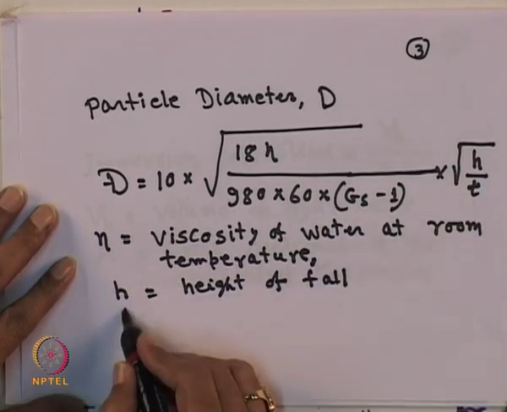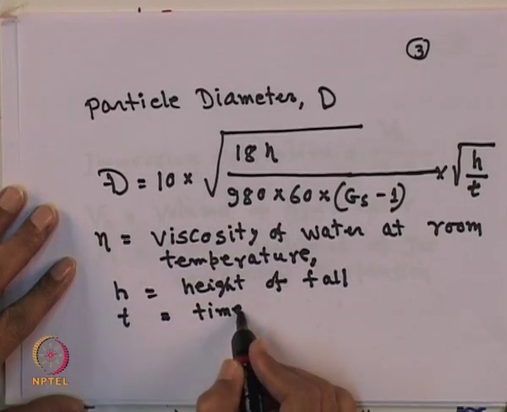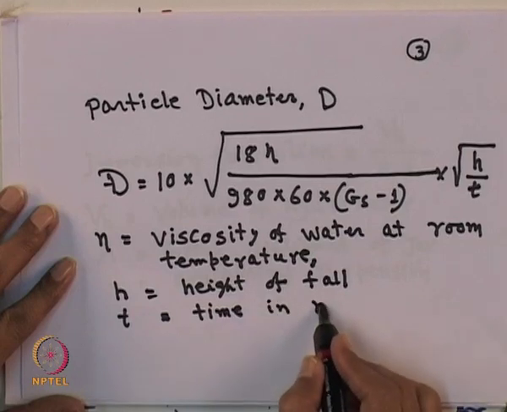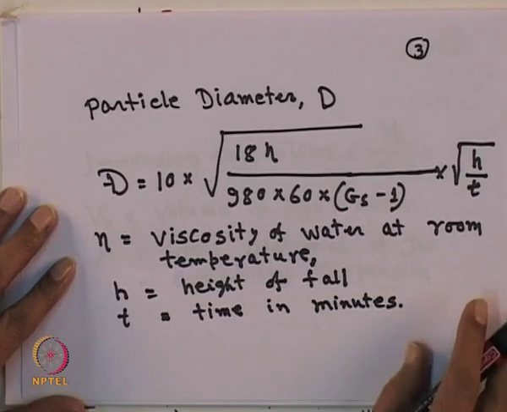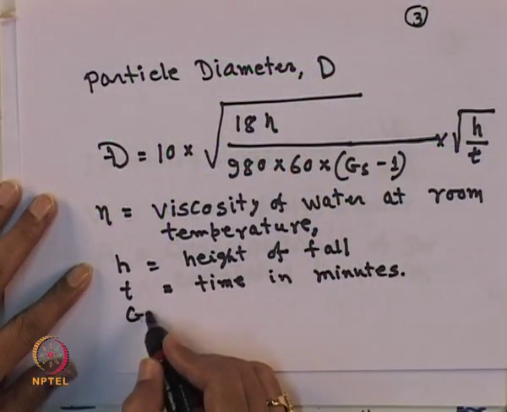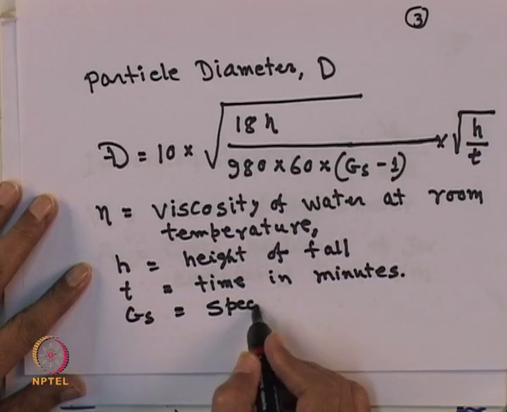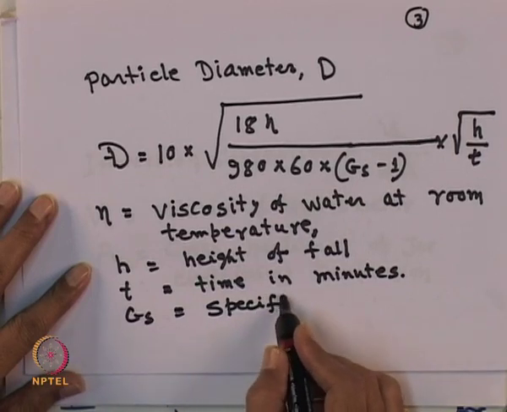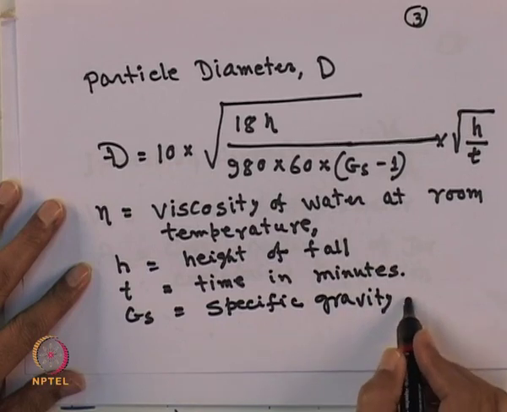And t is time in minutes. And Gs is the specific gravity of solid. You know how to calculate the specific gravity of the solid.